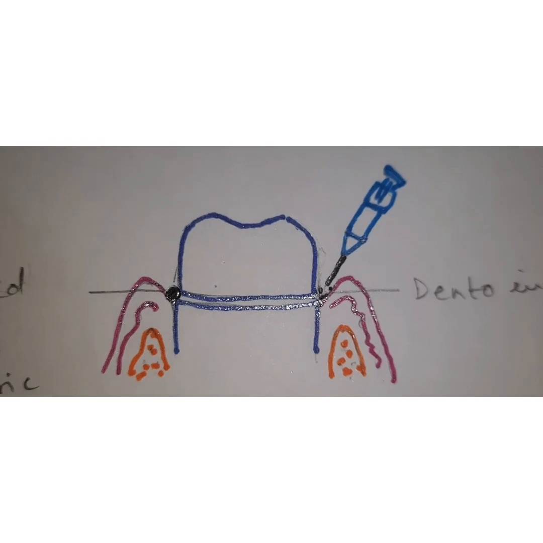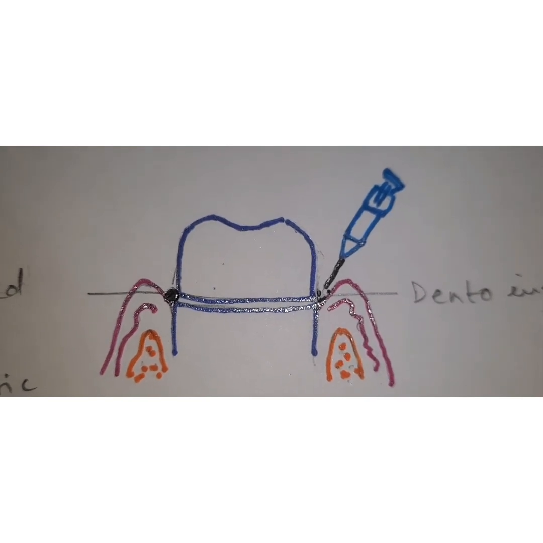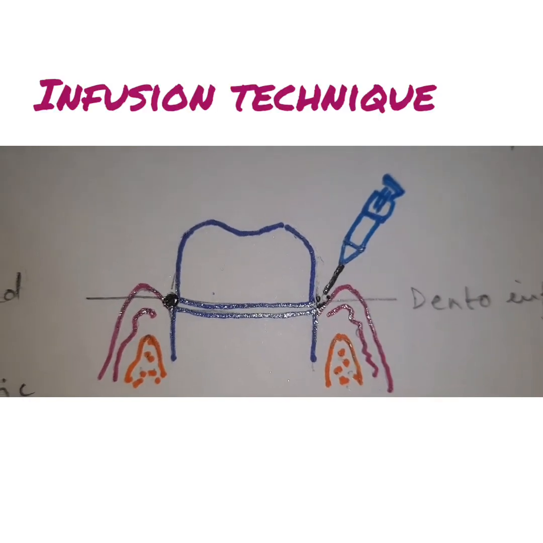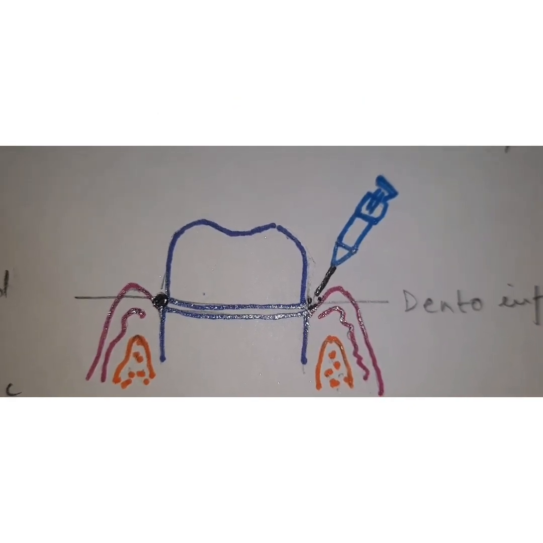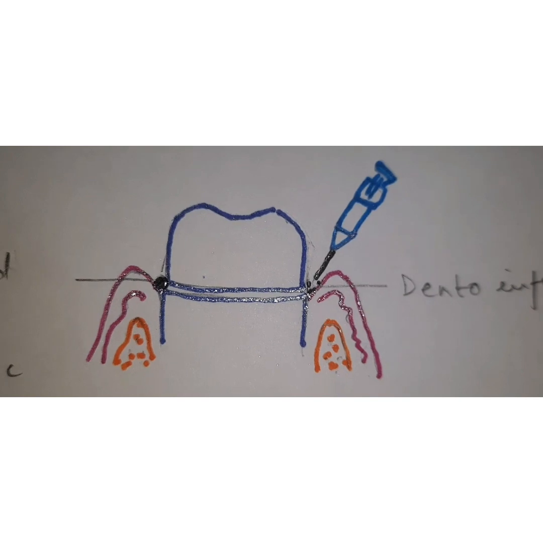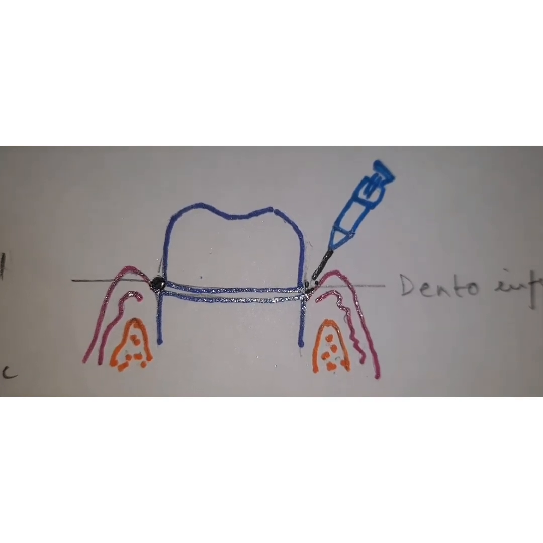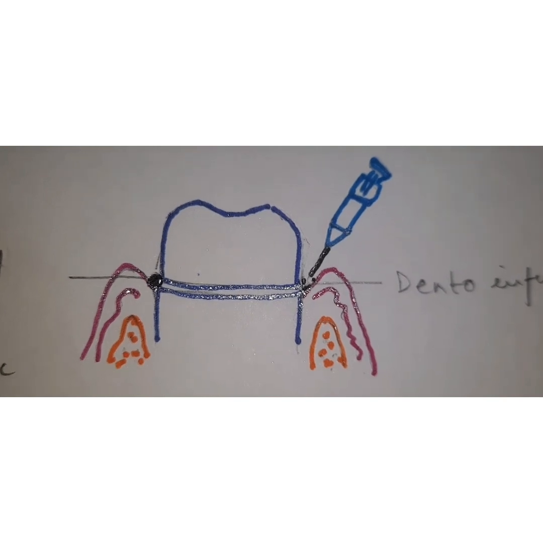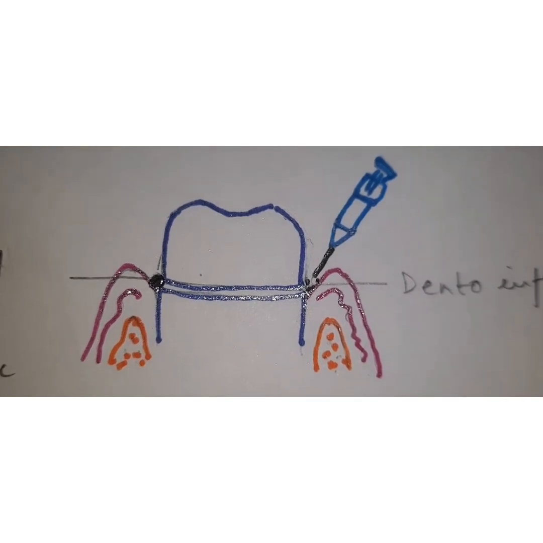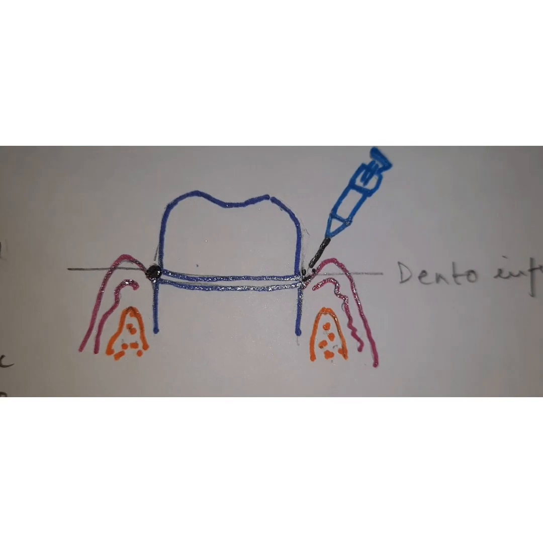Now the next technique is the infusion technique. Here we are using a Dento infuser with 20% ferric sulfate, which is commonly used to control hemorrhage during cervical margin preparation, as I told you in cases of rotary curettage.